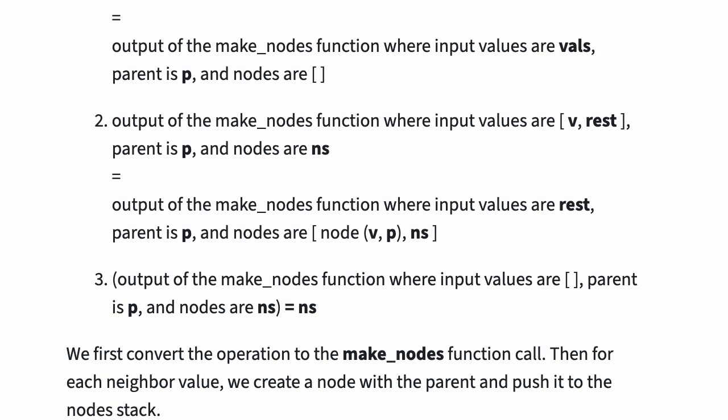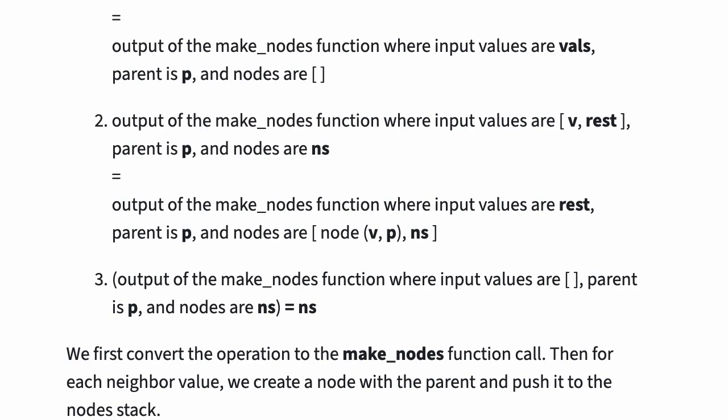Output of the makeNodes function, where input values are v, rest, parent is p, and nodes are ns, is equal to the output of the same function, where the input values are rest, parent is p, and nodes are node v, p, and ns. Property 3. Output of the makeNodes function, where input values are an empty stack, parent is p, and nodes are ns, is equal to ns.